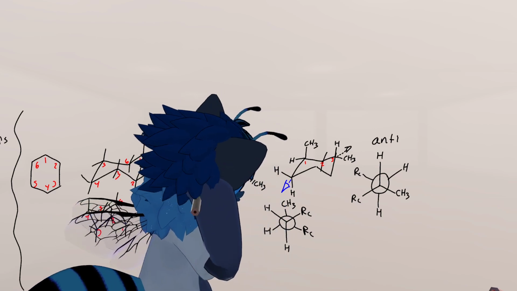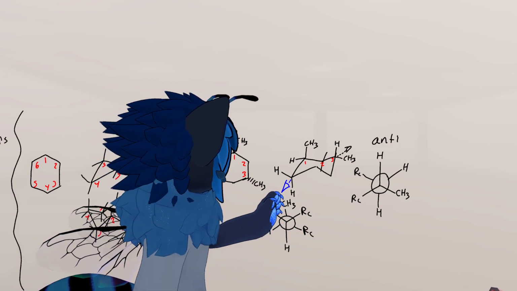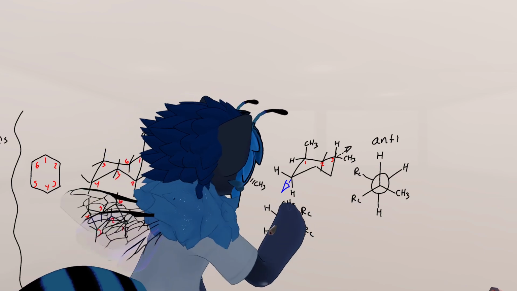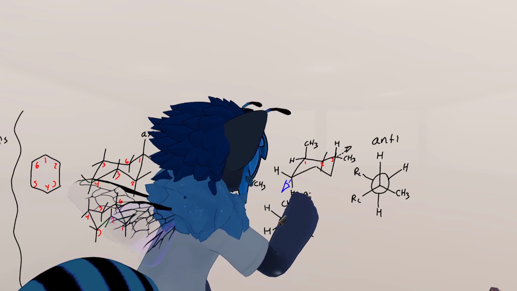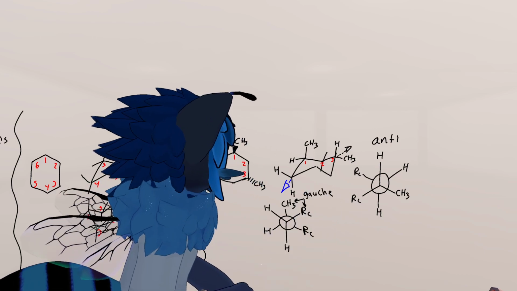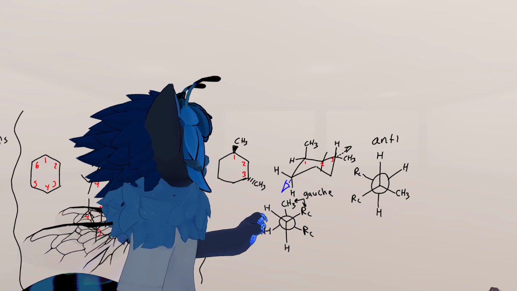Okay. So now we see that we have a gauche interaction between the methyl and the ring carbon because they're right next to each other. They're 60 degrees. So we have one gauche interaction here.